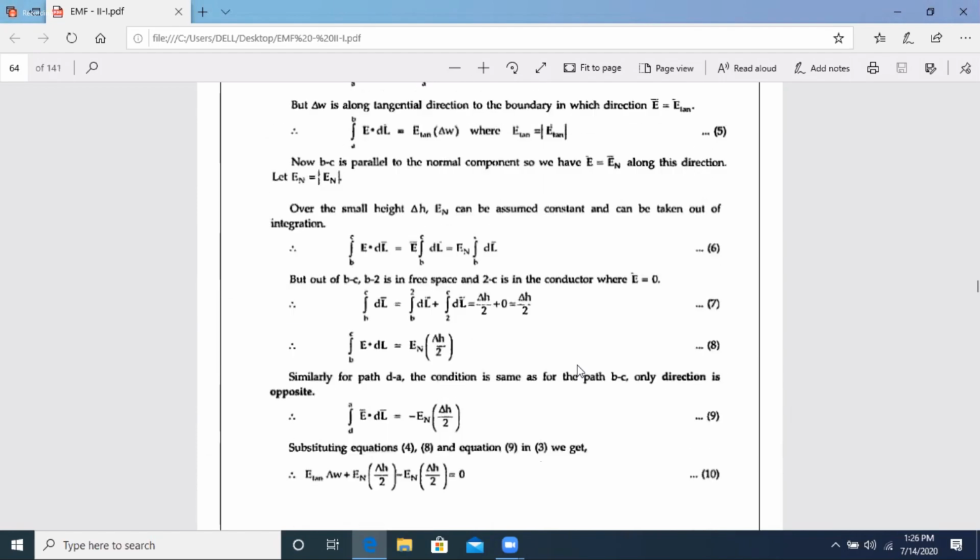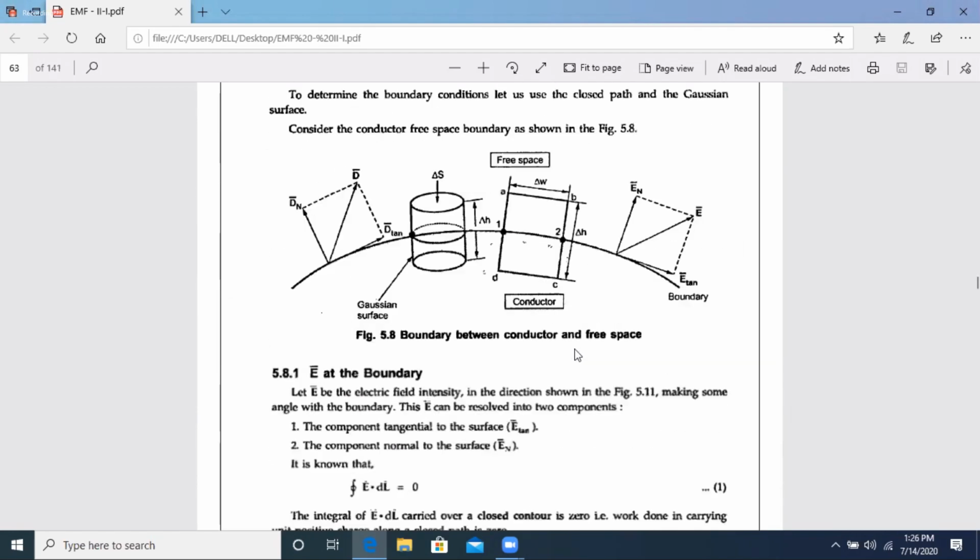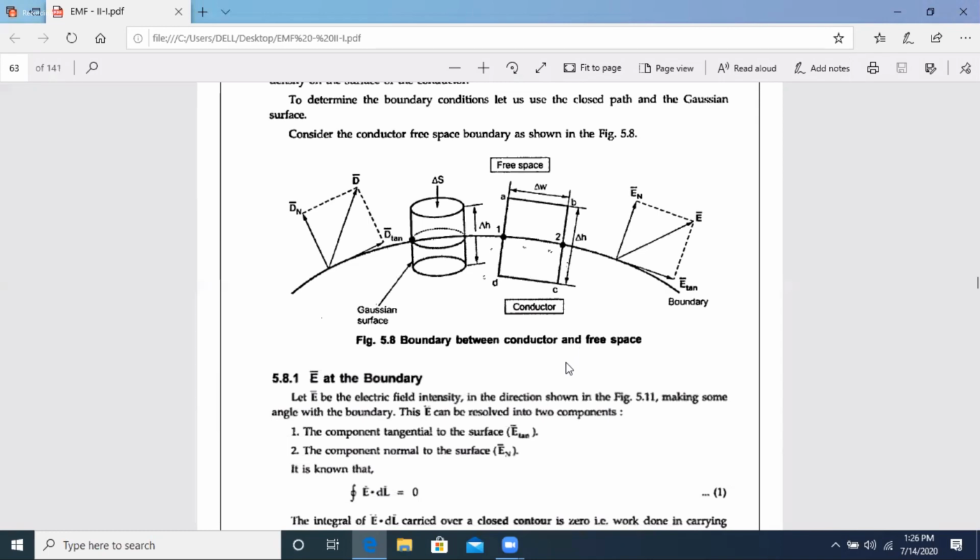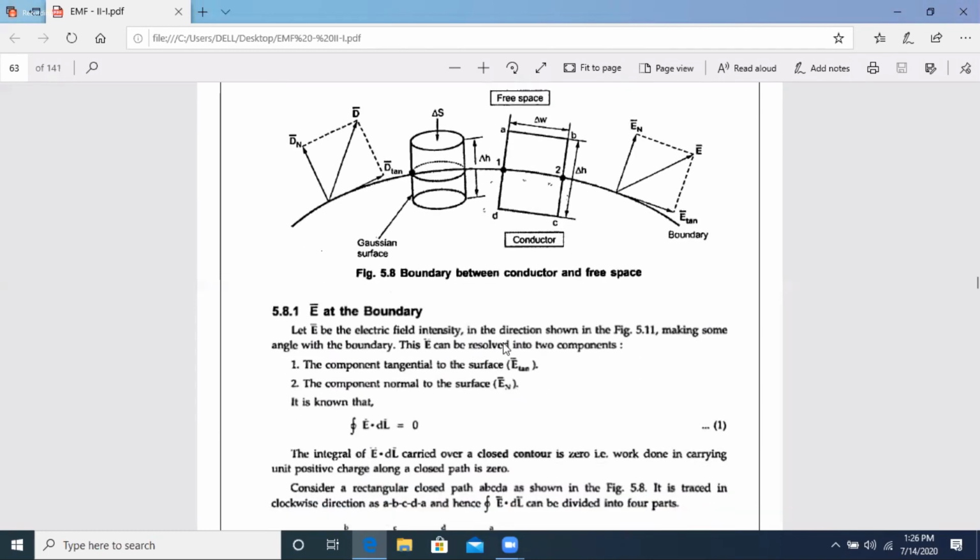We don't have any figure 5.11. All right, let's come back to this. But we are saying now, E makes some angle with the boundary. So again, we resolve it into the normal and the tangential.